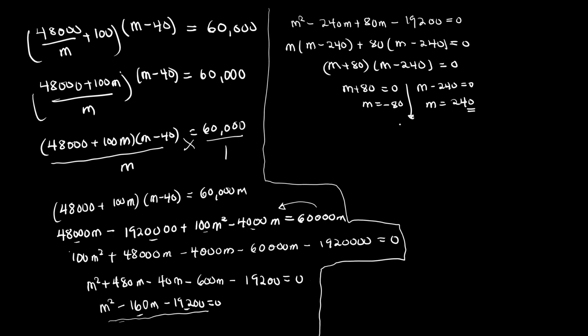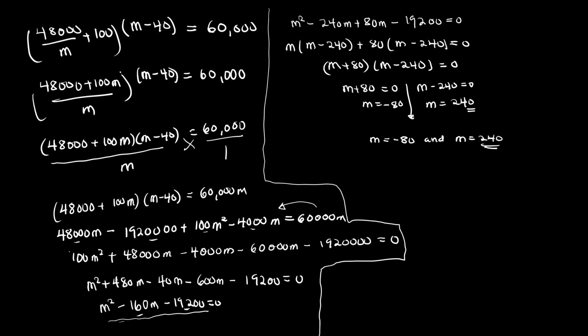So with this, we have m as negative 80 and m as 240. By logic, you should realize that m is equal to 240, because m can never be negative 80, since we want the number of items available, and negative 80 will never give a reasonable response.